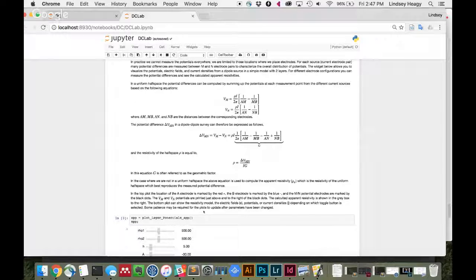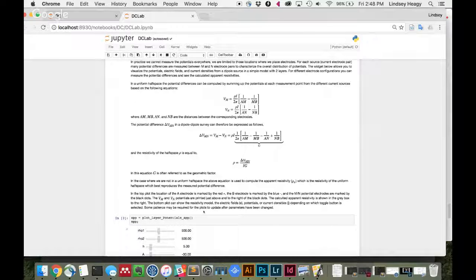So that would be the voltage that I would get from here. If I was going to look at the potential that I get at this point due to this positive current and the negative current, okay, now I've got a potential that's coming from here, and that's going to be negative because the current is negative.